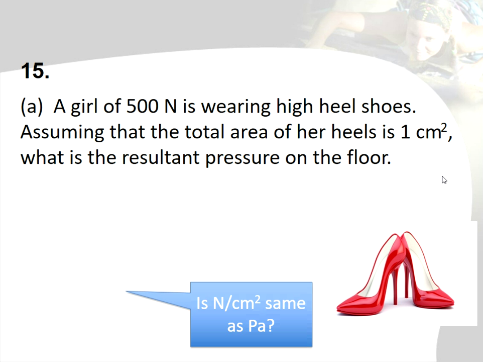Okay lah, quite okay lah. She's wearing high heel shoes. Assuming that the total area of the heels is 1 square centimeter. Realistic or not? Have you seen high heel shoes? Just the heel, the tip, 1 square centimeter. How much is 1 square centimeter? Can you imagine how much is 1 square centimeter?